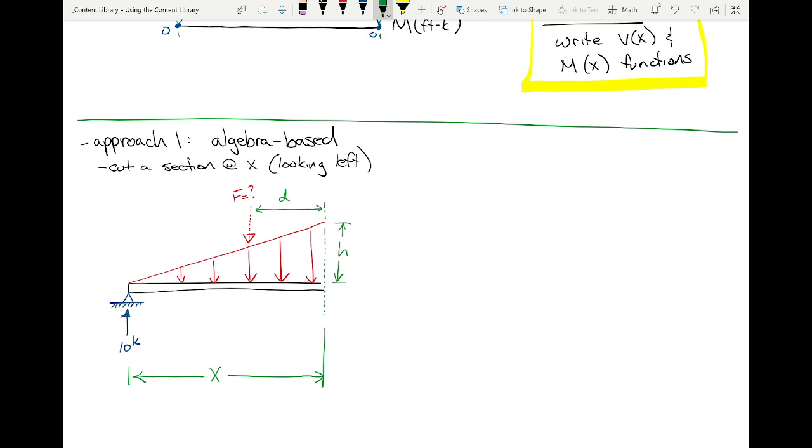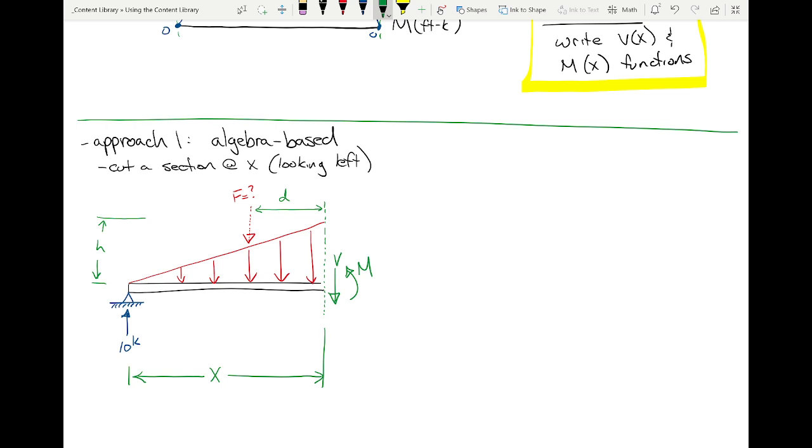And I'm going to apologize on this, but I'm going to take this h dimension and put it over here because I have something I want to put here. What I need to put here are my shear and my moment, because that's ultimately what I'm after. I want to determine that shear and that moment.